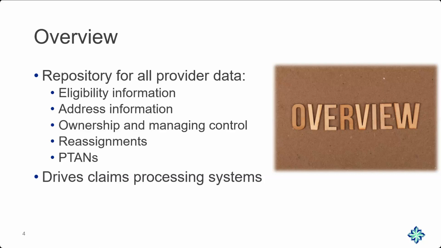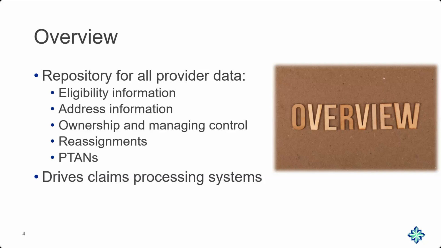Reassignments. Reassignments are going to be typically with a medical clinic, and it's going to be the doctors that work for that particular clinic that are reassigning benefits to their organizations. And then also, of course, PECOS houses the provider transaction access numbers or PTANs that you will get once you have successfully completed the provider enrollment process.